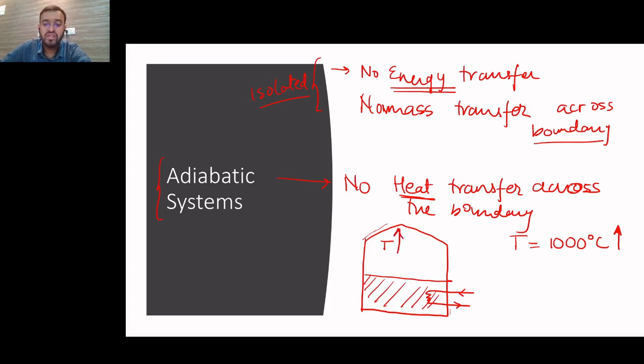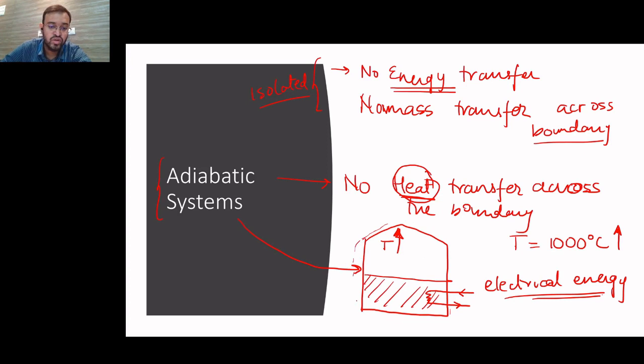Now in this case, what is passing through the boundary of the system is not heat, it is electrical energy. So there is no heat flow across the boundary, but there is electrical energy flowing across the boundary. So this is an example of an adiabatic system where the walls are insulated, but there's electricity flowing across the boundary.